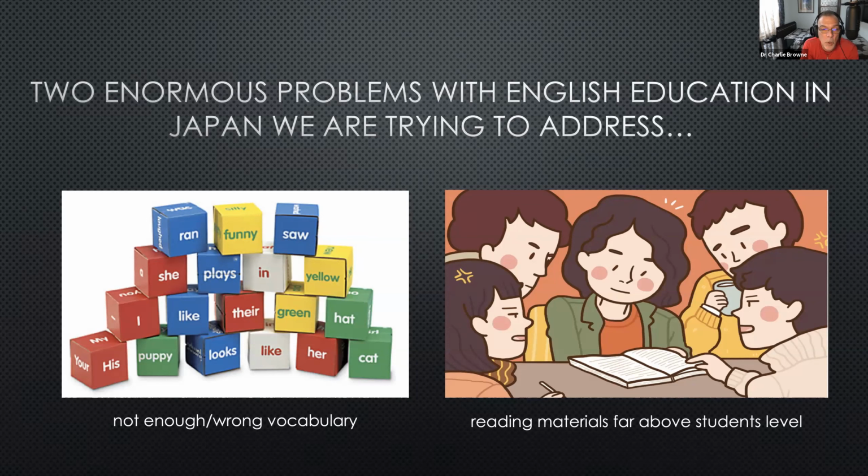And a corollary problem is that the reading materials they're using in the classroom are way above their level. I think it's a double punch. This is one of the reasons why the more students study, the less confidence and motivation they have, and the less they like English. I think this is primarily a result of these two problems.